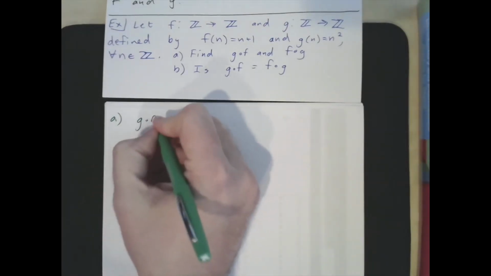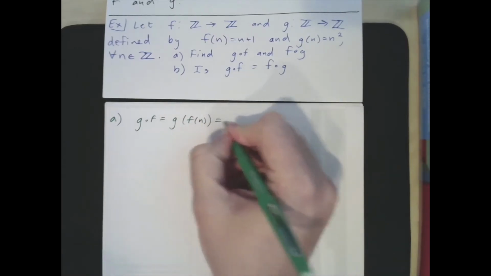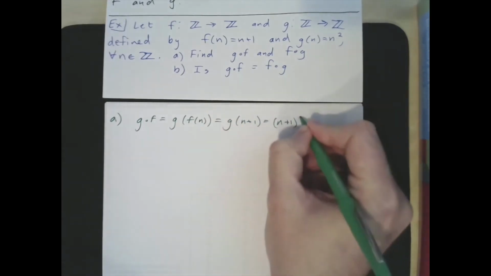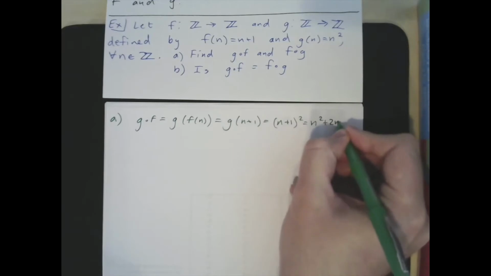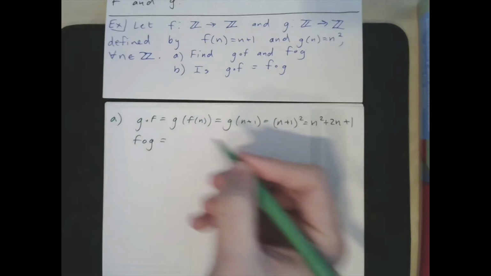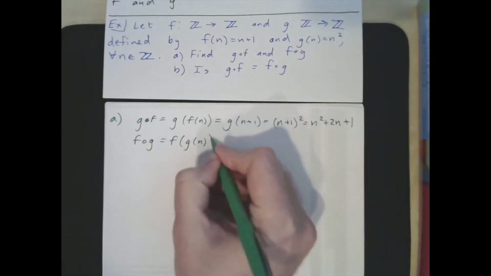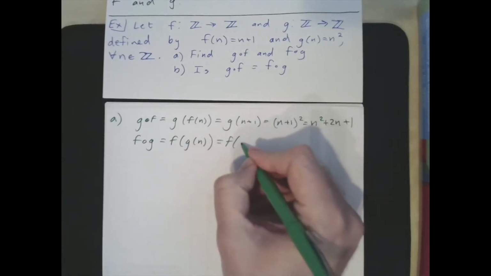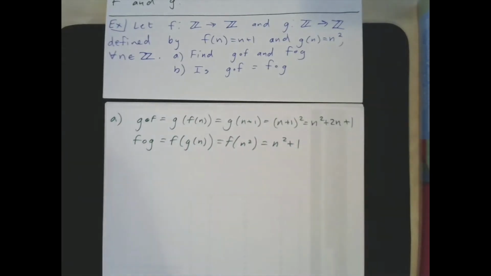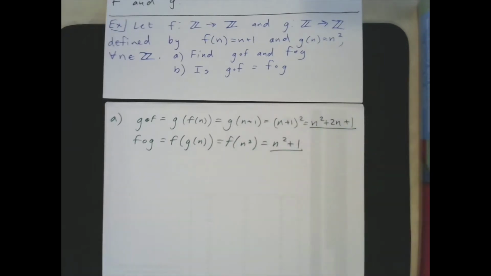So g circle f is g of f of n, g of n plus 1, or n plus 1 squared, which will be n squared plus 2n plus 1. And f circle g is f of g of n, or f of n squared, which is n squared plus 1. So these are our two function rules for g circle f and f circle g.